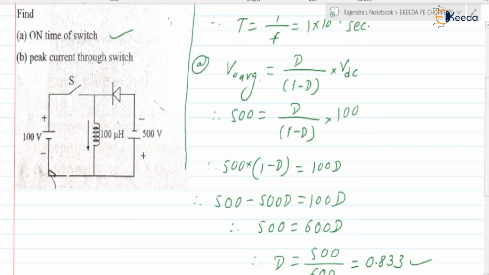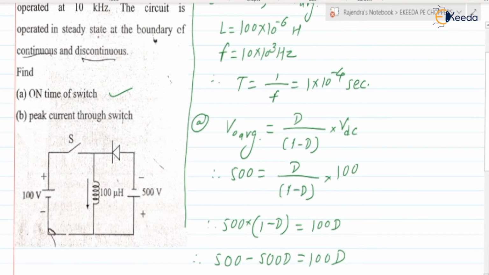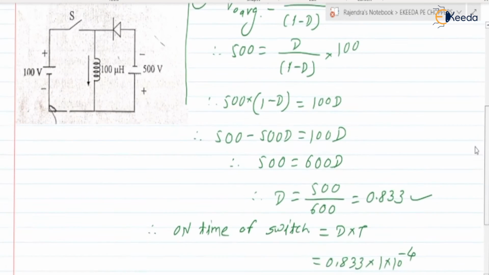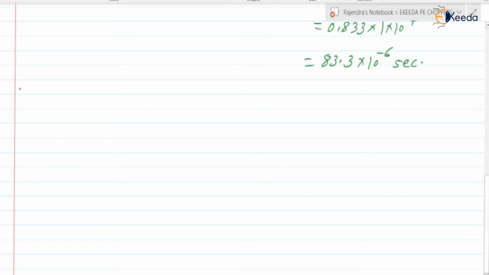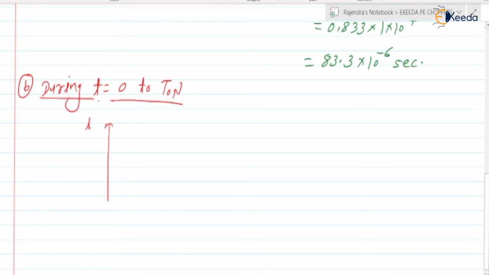So as this is the continuous type, it is at the boundary of continuous and discontinuous. Here, when the switch is in the on state, that is during t = 0 to T on, if you check, the inductor current IL is increasing from 0 to the maximum value till dT.